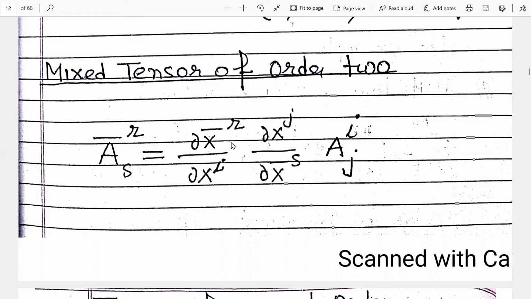So here it is curly x bar R by curly xi, curly xj by curly x bar S. So this is the law of transformation of a mixed tensor. It is of order 2 because it contains two derivatives, the first term and the second term. If it contains three terms, then it is of order 3.